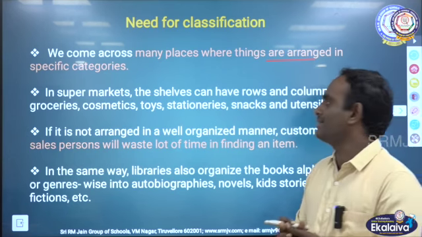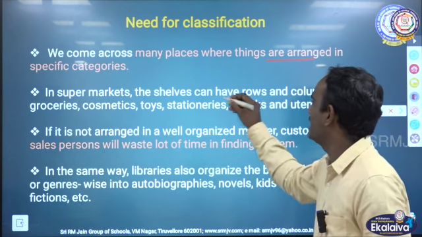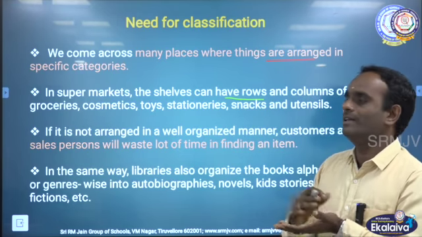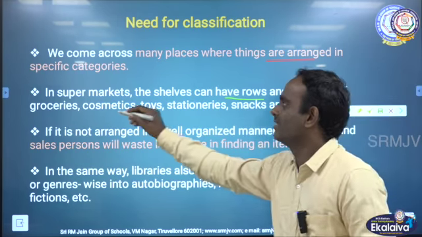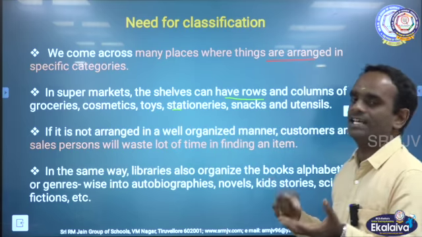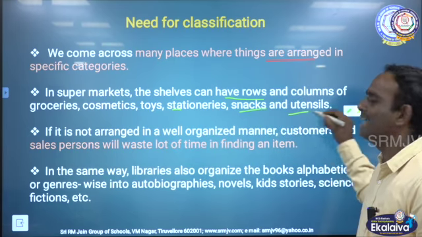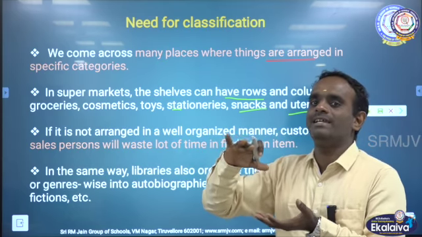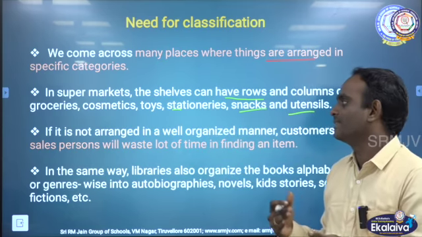In supermarkets, the shelves have rows and columns, holding so many groceries, cosmetics, toys, stationeries, snacks and so many food items. They all are arranged in an orderly way.